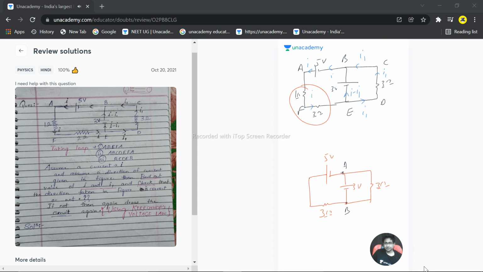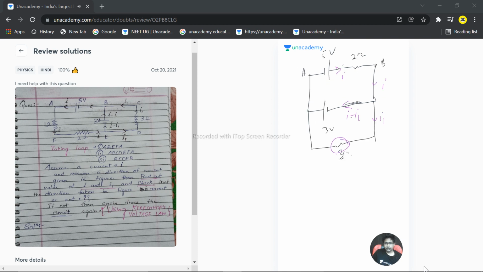I1 is flowing in this branch. So let's start solving. We need to calculate I and I1.